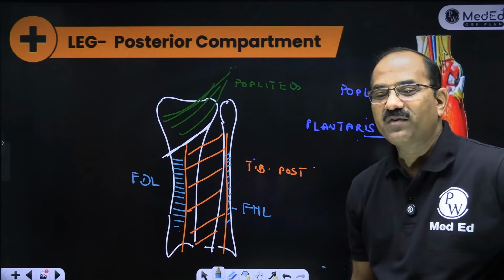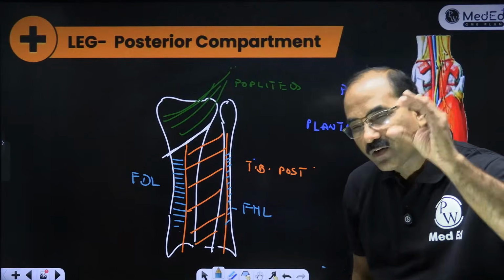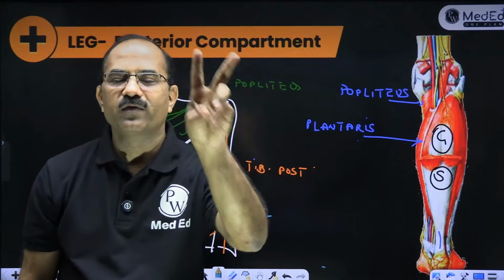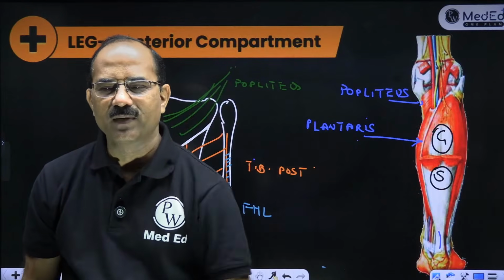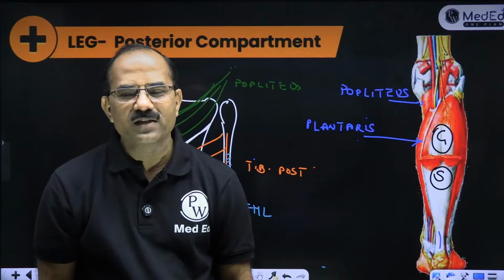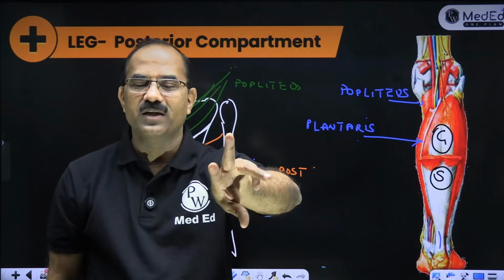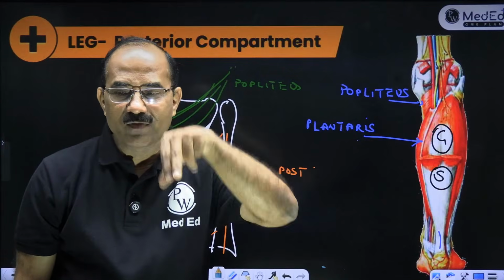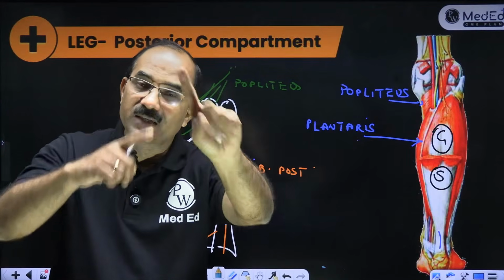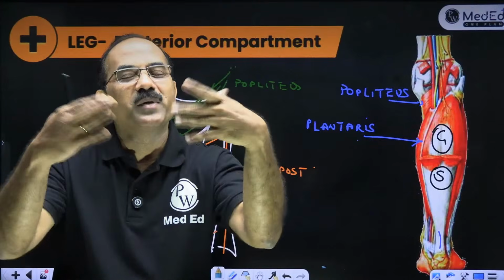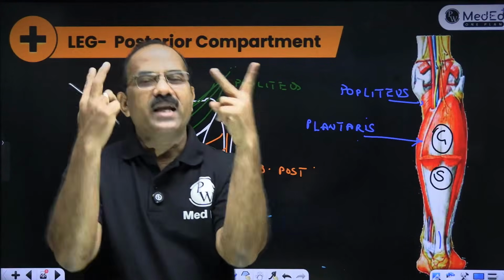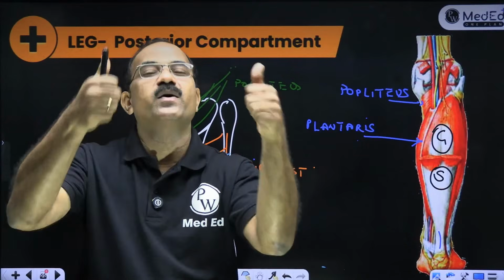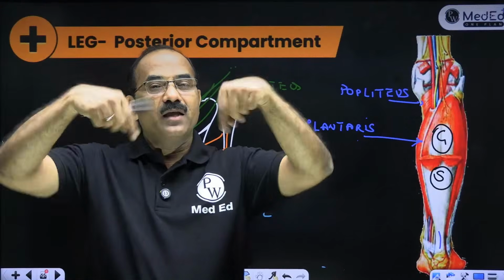Flexor hallucis longus and flexor digitorum longus, in which layer of the sole do they meet? They both cross in the second layer of the sole. Remember this. Sole of the foot, I tell you. No, not under the flexor retinaculum, they go below the flexor retinaculum, but they cross in the second layer of the sole. Remember this. So automatically you also know the layers of the sole. In the second layer of the sole you will find two muscles, flexor hallucis longus and flexor digitorum longus, and they are going to cross.